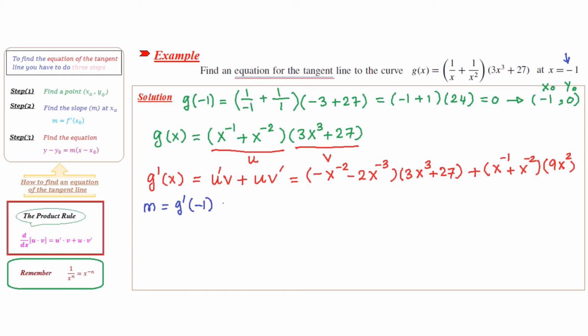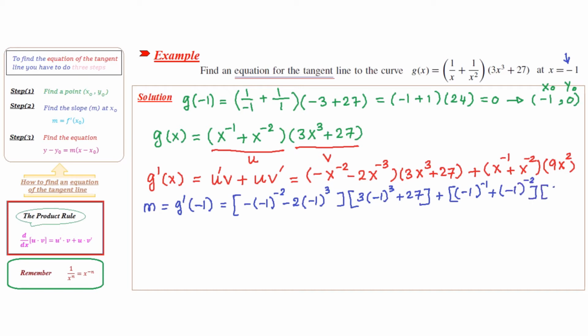Now you have to replace, and this equals (-1 to the -2 minus 2 multiplied by -1 to the power -3) multiplied by (3 times (-1) to the power 3 plus 27), plus ((-1) to the power -1 plus (-1) to the power -2) multiplied by 9 times (-1) squared.